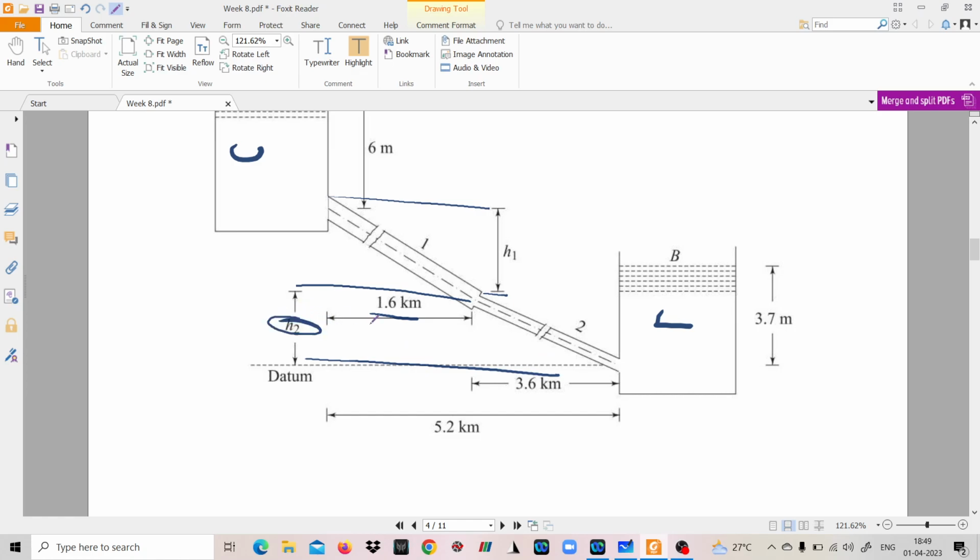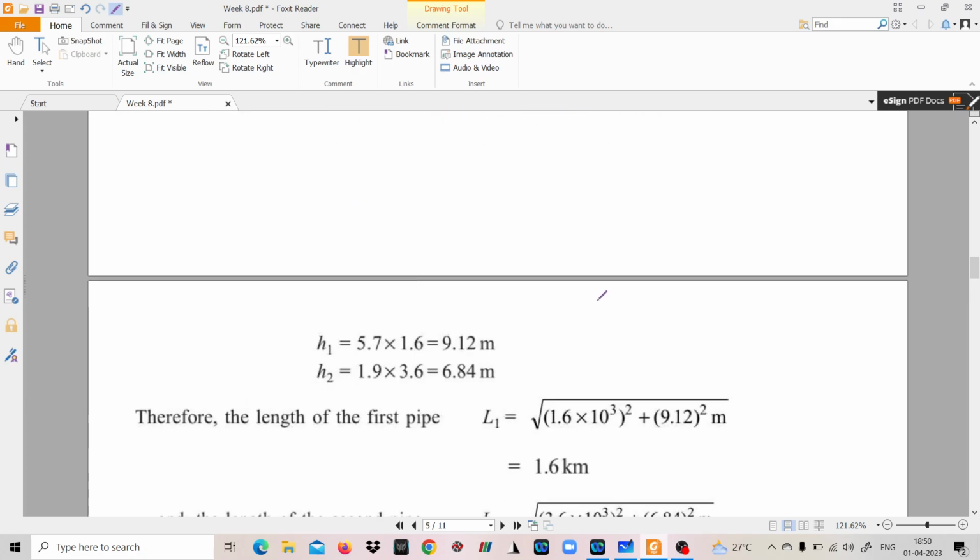So how will you calculate H2 and H1? It is very simple. It is given that for the first 1.6 kilometer the pipe is sloping down at 5.7 meter per kilometer, and for the remaining 3.6 kilometer, it is sloping down at 1.9 meter per kilometer. So that data you can directly utilize for calculating the values of H1 and H2.